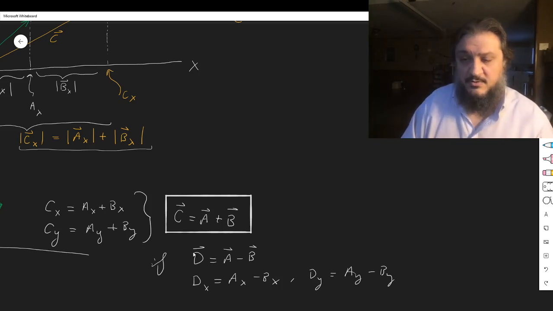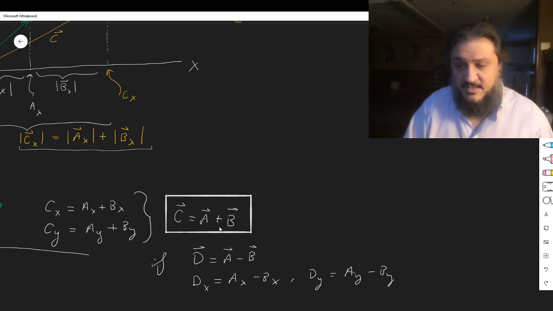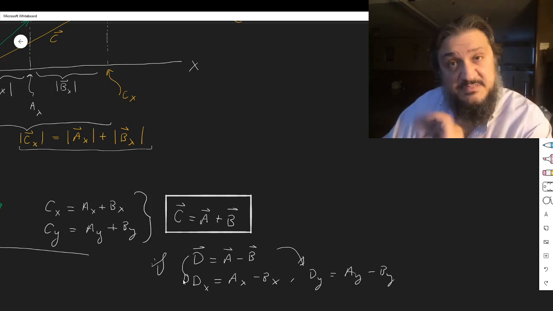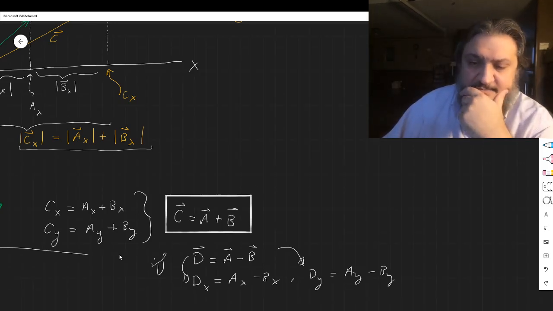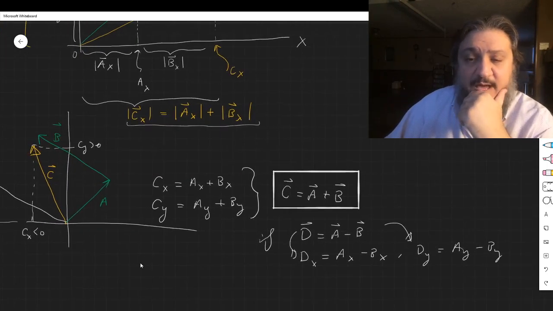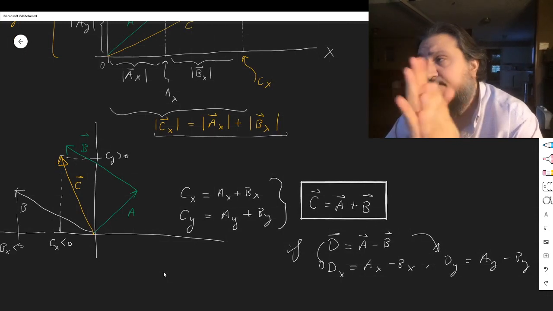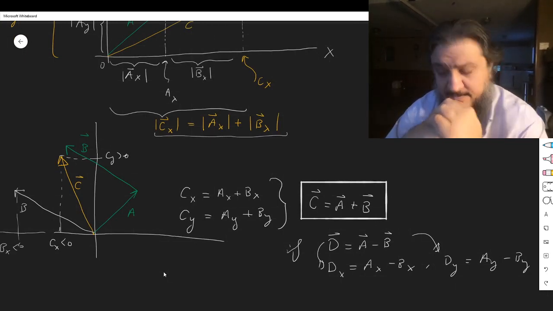So again, one compact equation with the arrows on the top, a vector equation, is actually nothing but these two equations. Always keep that in mind. Vector equations are equation systems, multiple equations, systems of equations. So, that's all. That's how you add vectors in the coordinate representation, or the component representation. All right?